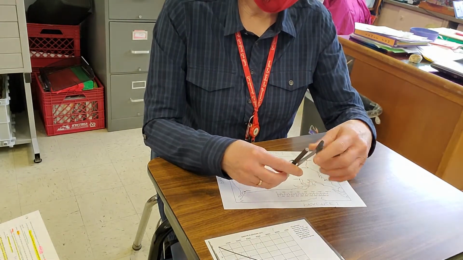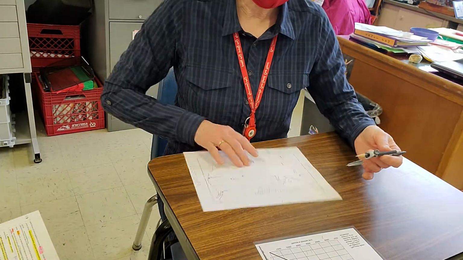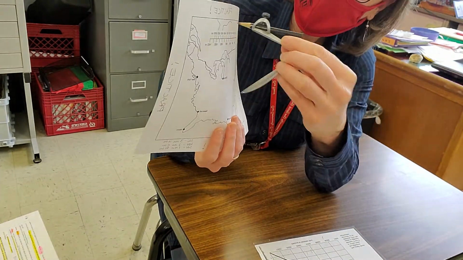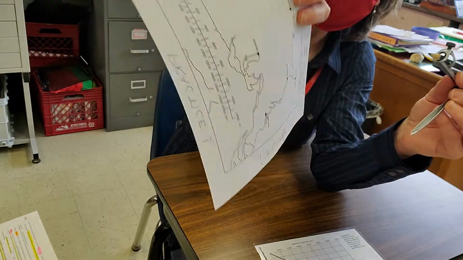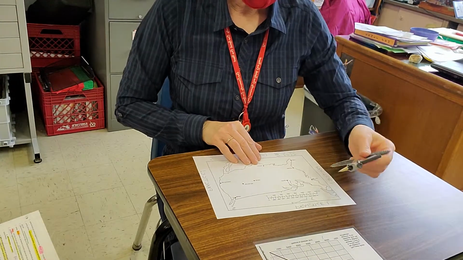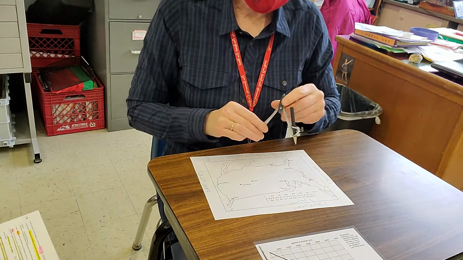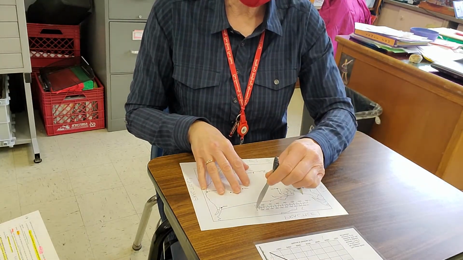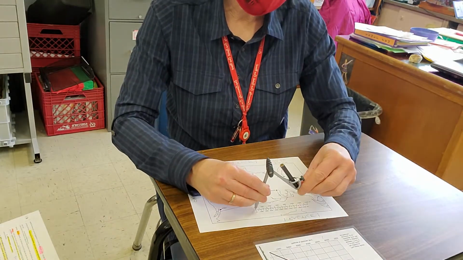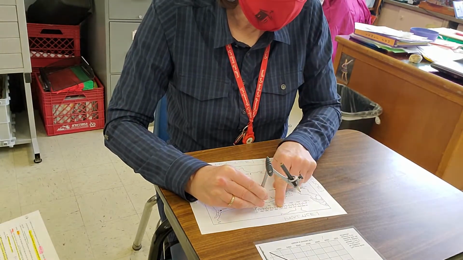So now I have to find 2,000 kilometers on my key right here. I don't know again which way it's going to be, but it's this thing right here, your little key. So I'm going to put my point on 0, and I'm going to put the pencil part of the compass on 2,000 kilometers.